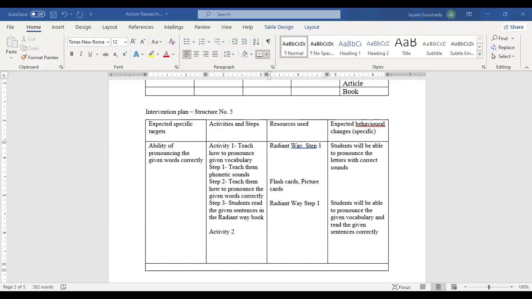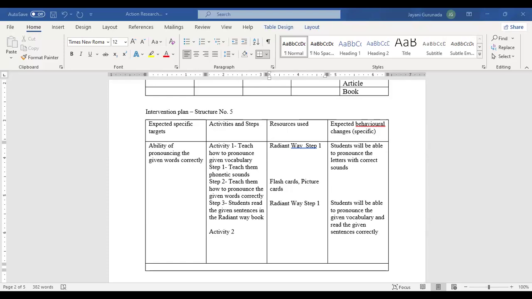Then the second one is ability of reading small sentences. The activity is to teach how to read a sentence. Step 1, teach them to read 2-3 word sentences using the CVC method, that means consonant, vowel, consonant. Examples: I see a cat. The dog runs.